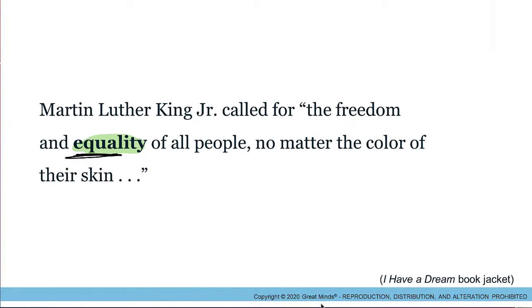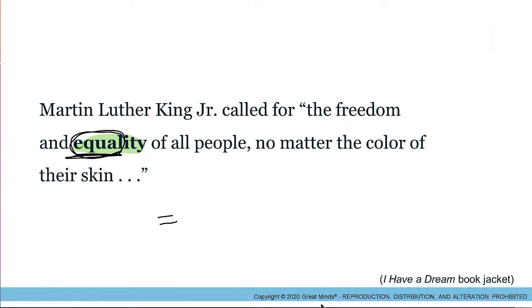I'm going to circle the base word, or sometimes we call this the root word, but with foundations we call it the base word, equal. I want you to think about, where have you seen or heard the word equal before? You've probably heard it during math class, and you might see it written like this.